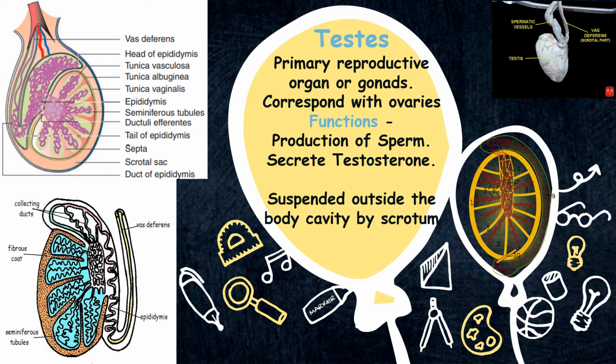So in today's class we are going to discuss the male reproductive organs and also the production of the sperm. Testes are suspended outside the body cavity by the scrotum.